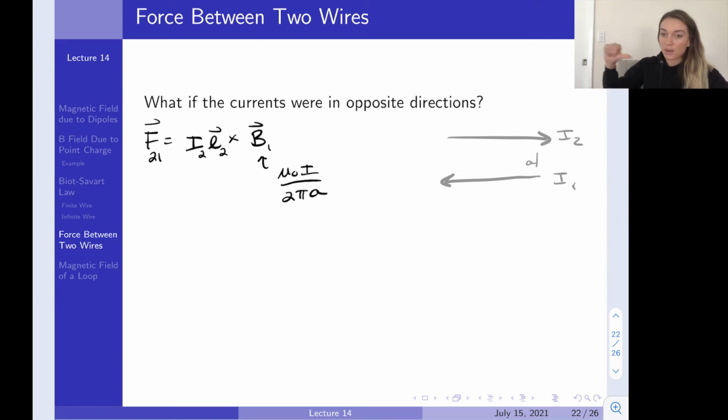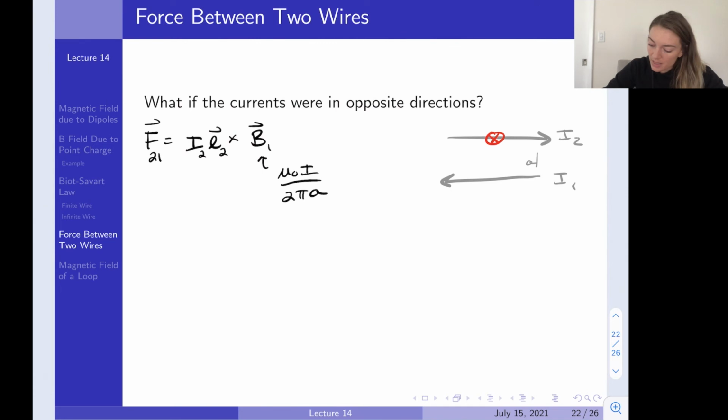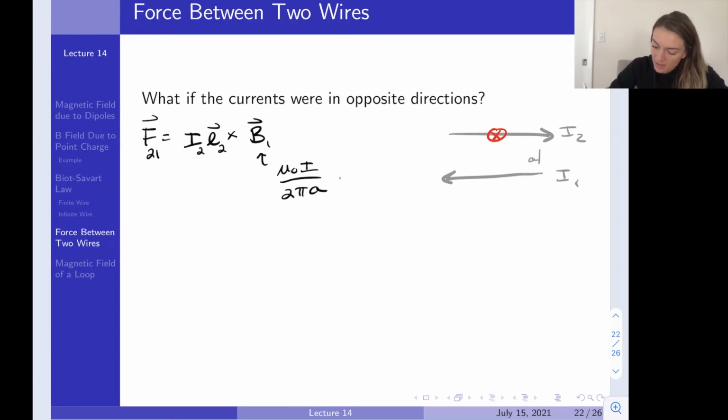So if I point my thumb in the direction of current 1, which in this case is to the left, my hand will be into the page at the location of I2. So B is into the page here. So let's write that, into page. So this is into the page.